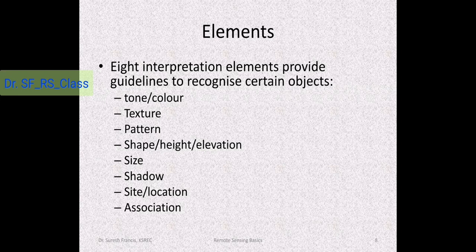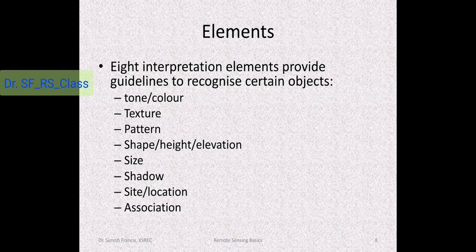If there is sun elevation and the sun angle, all these things can be calculated basically from the shadow, and the other profile information of the tree can be generated with the help of shadow, and it gives a lot of information. And some problems that can come up is the shadow. In the shadow area we may not be able to identify the other objects which are falling within the shadow. So it has got a positive and negative impact.